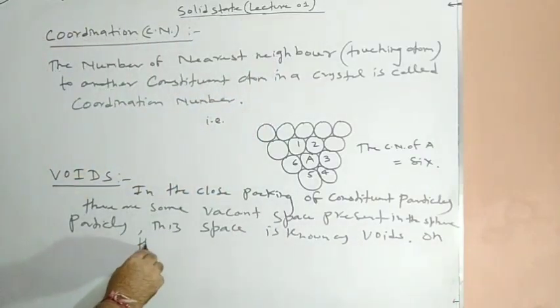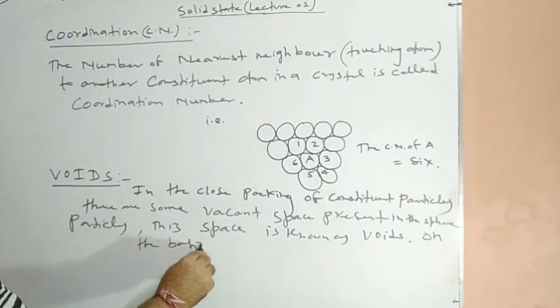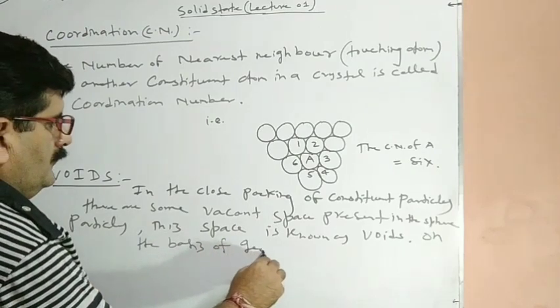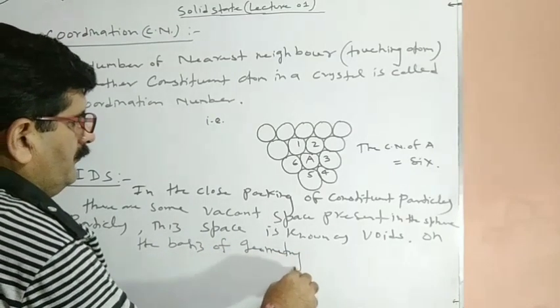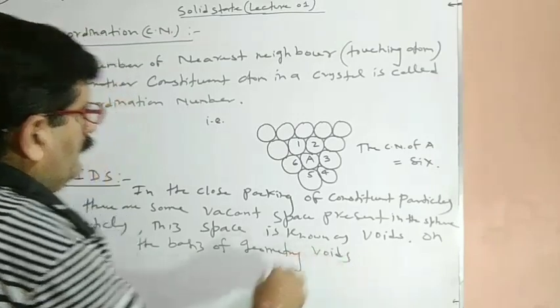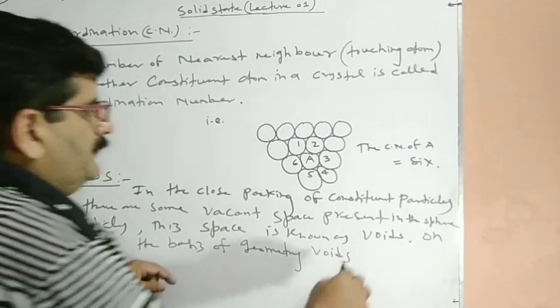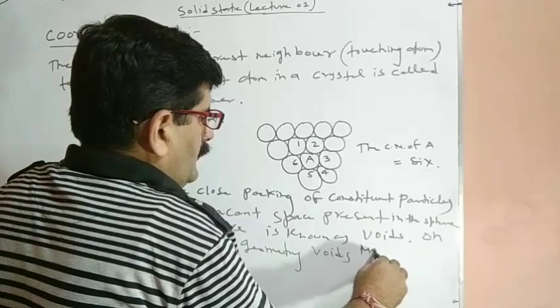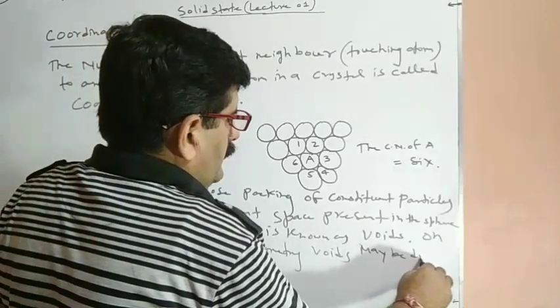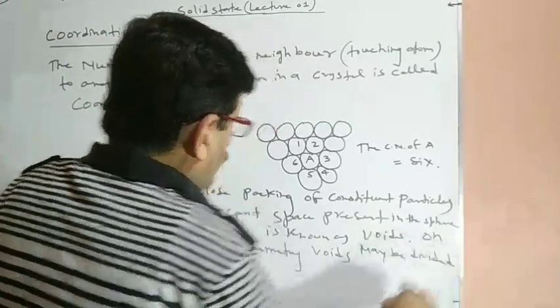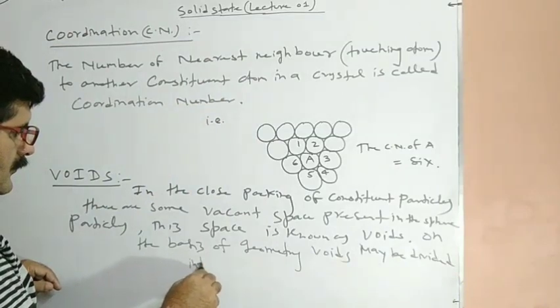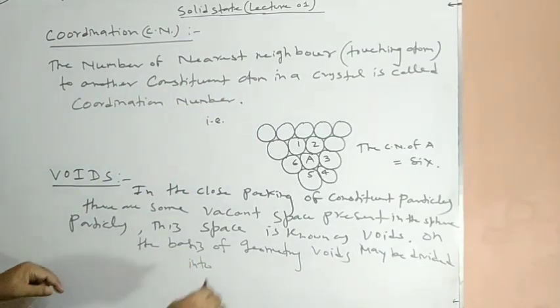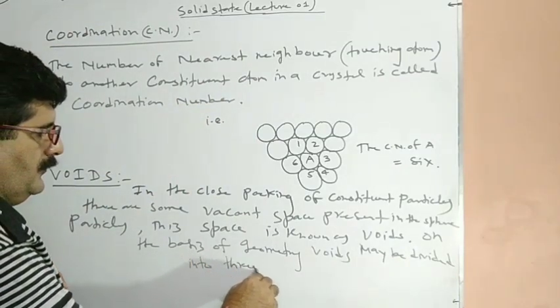On the basis of geometry, voids may be divided into three types.